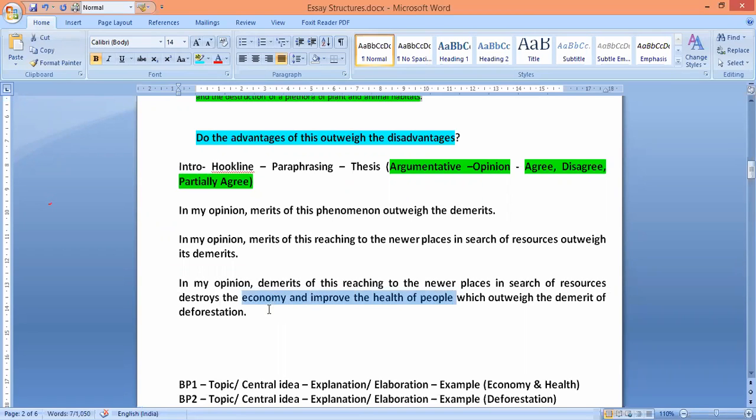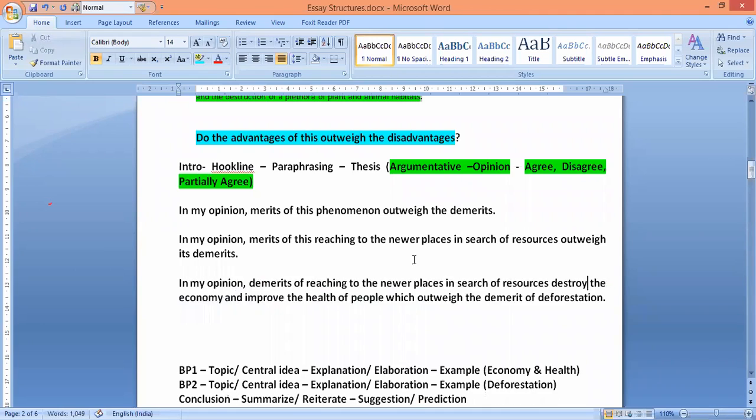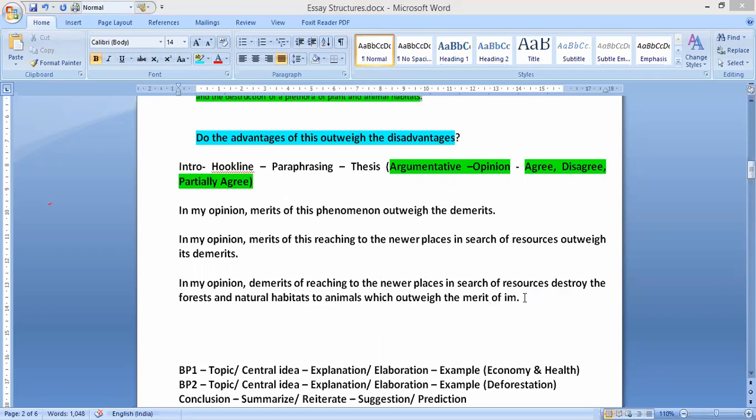In my opinion, demerits of reaching to the new place in search of resources destroy the forests and natural habitats of animals, which outweigh the merit of improved economy.